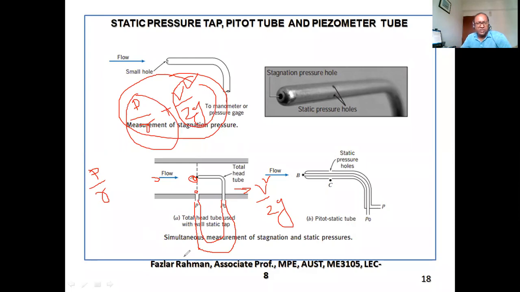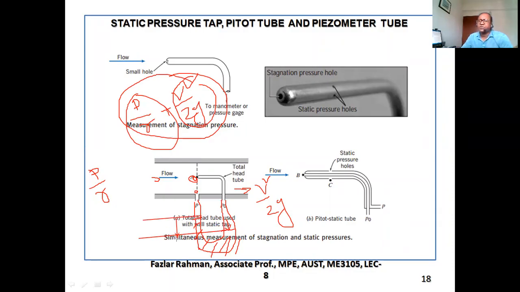So if you increase the pressure and add the manometer, then what will happen? This side will be higher pressure, this side will be low pressure, and this manometric height will sense it. From the deflection of the manometric height, that means the distance between right over here and right over here, this is h.